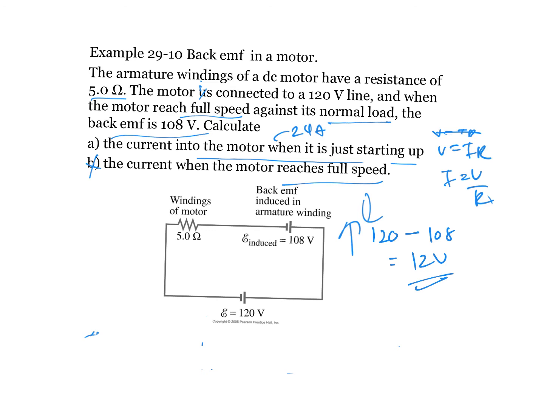Based on Ohm's law, V equals IR, I equals V over R, which means the current is directly proportional to the potential difference. So the smaller V is going to affect your current, which means that based on V equals IR, your I here is going to be 2.5 ampere. In comparison with the first question, where you get 24 ampere, why has it become smaller? Because you have a back EMF.